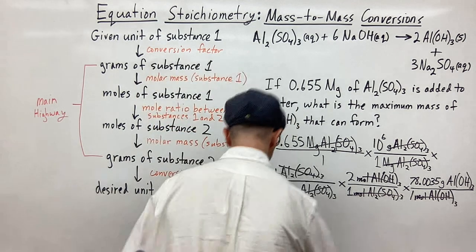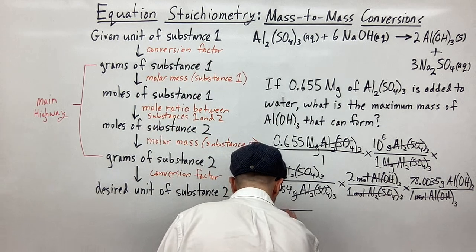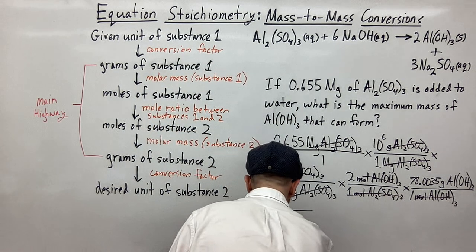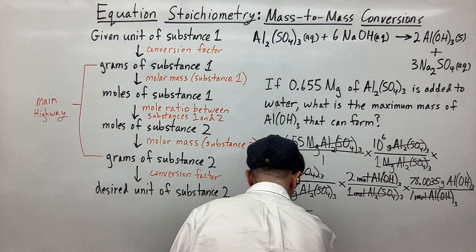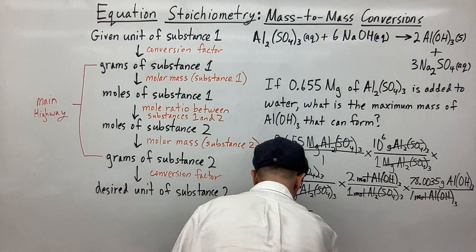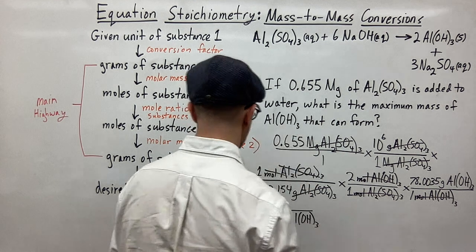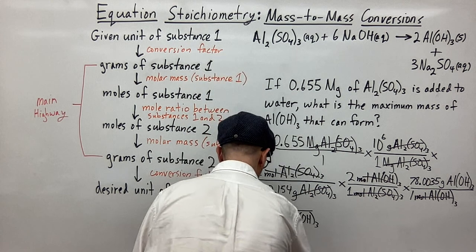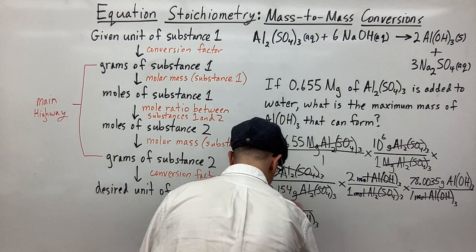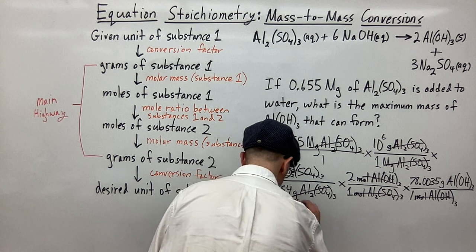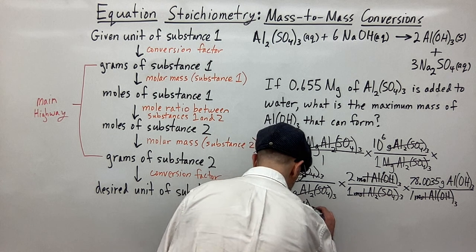So 10 to the 6 grams of aluminum hydroxide, AlOH3, goes on the bottom. And then on the top, we have 1 megagram of aluminum hydroxide.